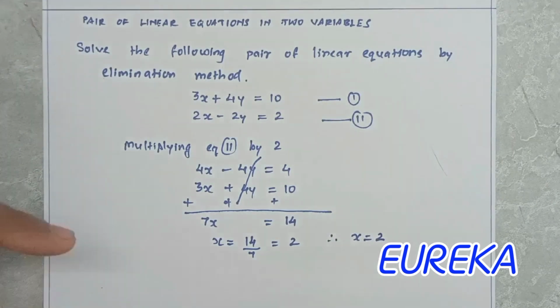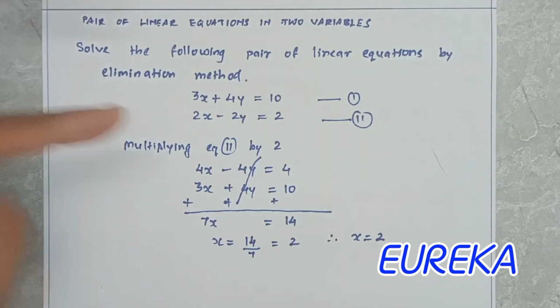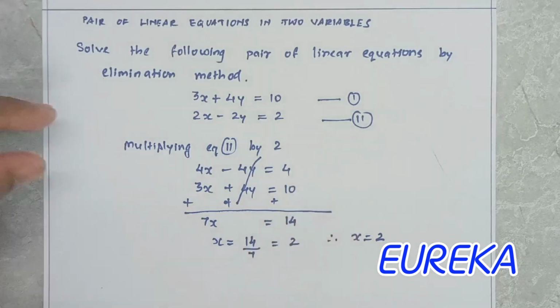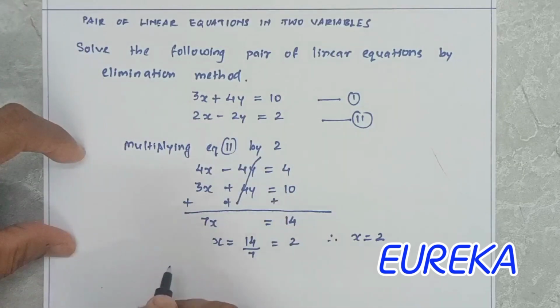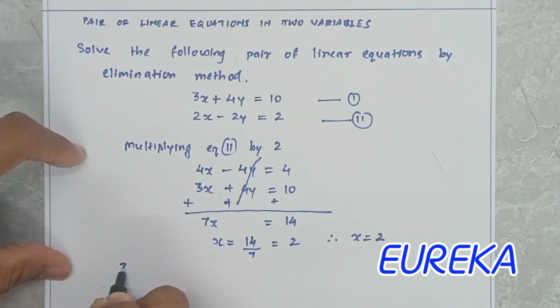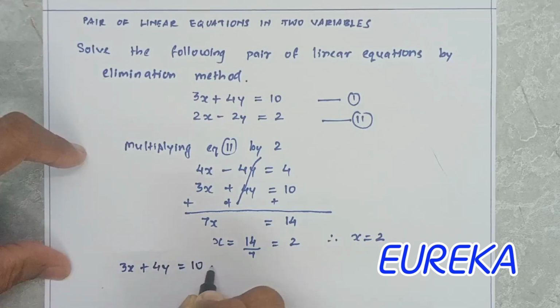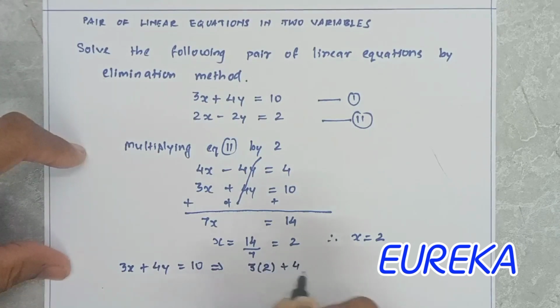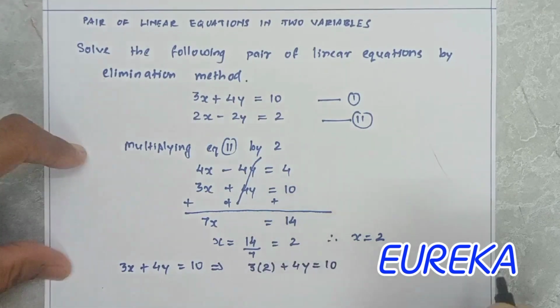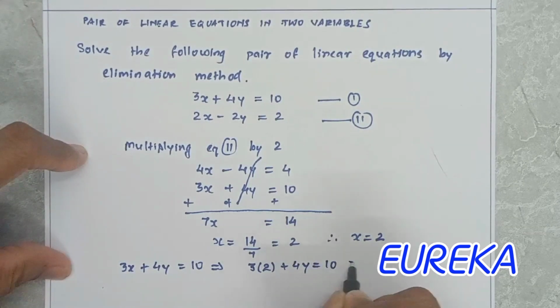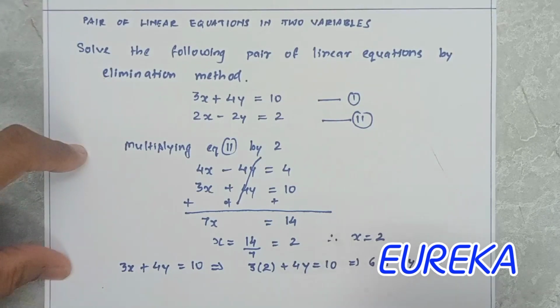Now we can put this value of x in either equation 1 or 2. If I take the first equation, 3x plus 4y equals 10, means 3 into 2 plus 4y equals 10. 3 twos are 6, so 6 plus 4y equals 10.